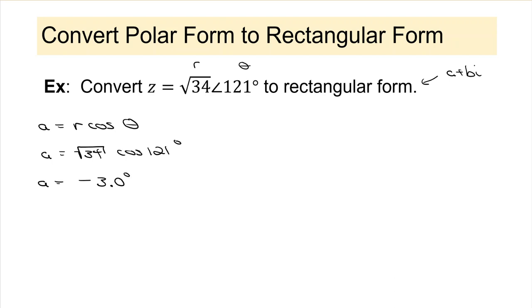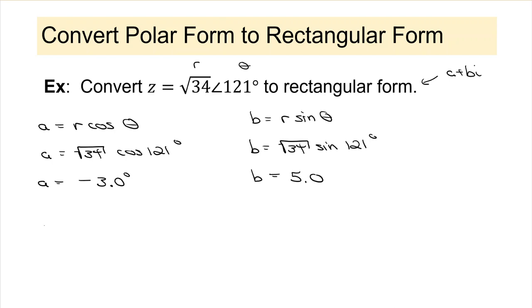Okay, so we do the same thing for b. b equals r sine theta. So b equals square root 34 times the sine of 121 degrees. And again, this is going to be an approximate value, but it's going to approximately be 5.0.